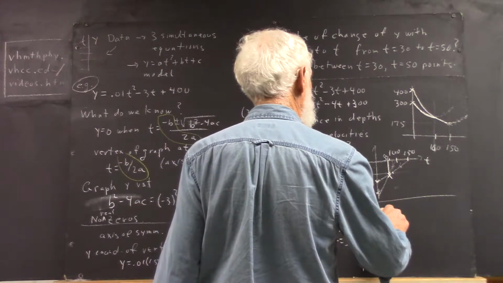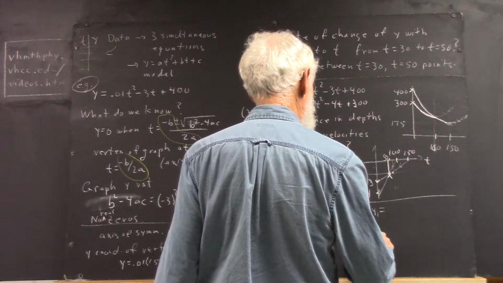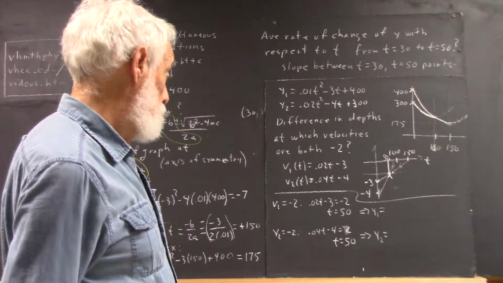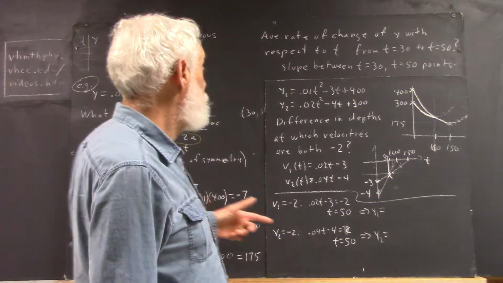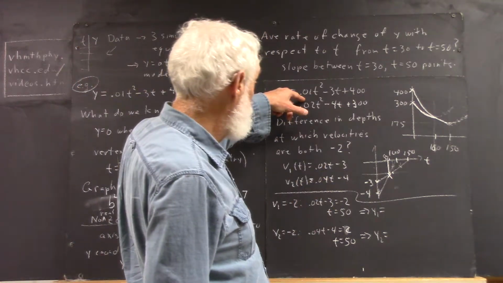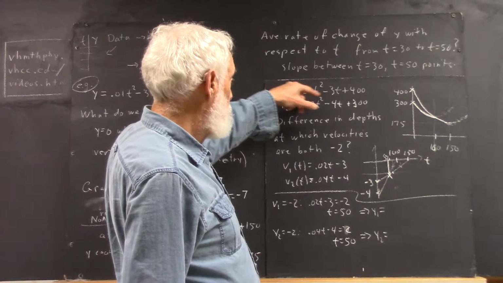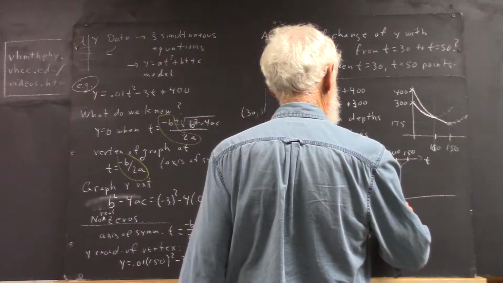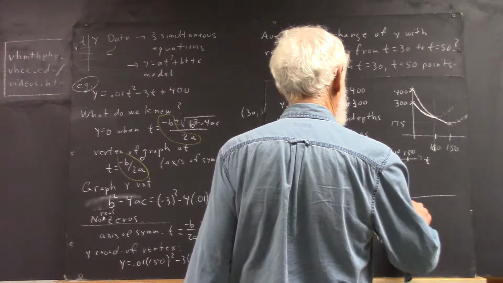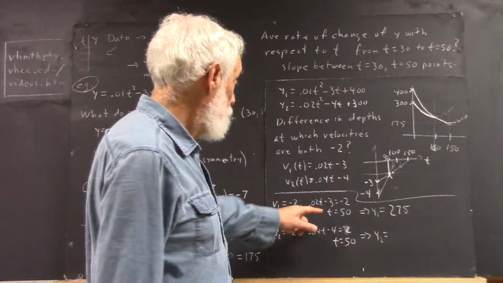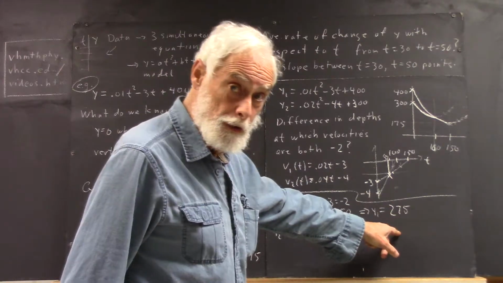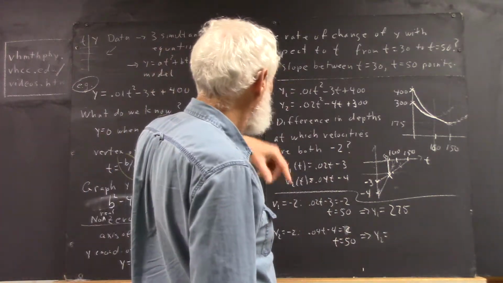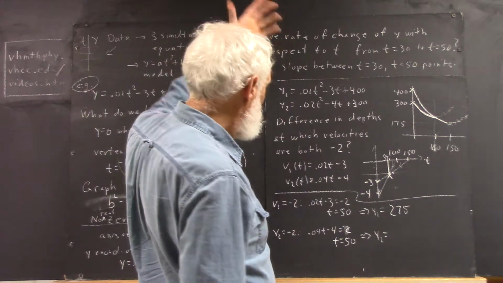So when t equals 50, what's y1 equal? And what's y2 equal? Okay, well, t equals 50, that's 2,500, that's going to give us 25 minus 150. It's going to give us 275. Plug t equals 50 into this. I think you get 275. Check my arithmetic. Plug 50 in here, and we get 2,500.